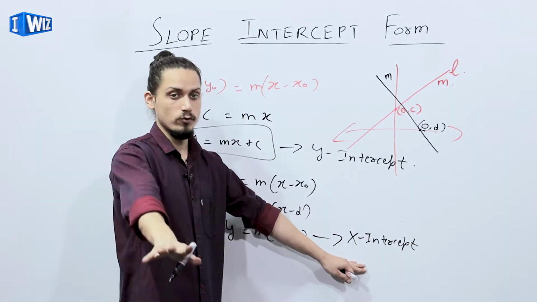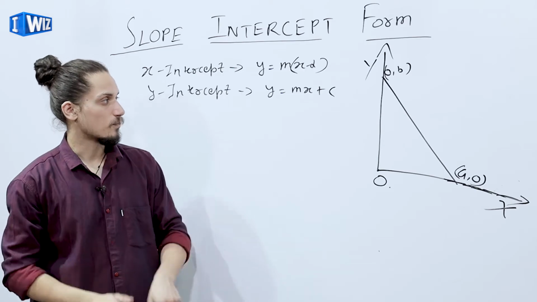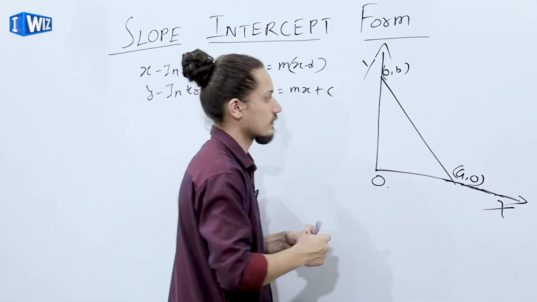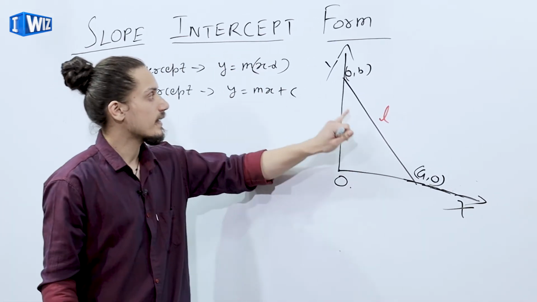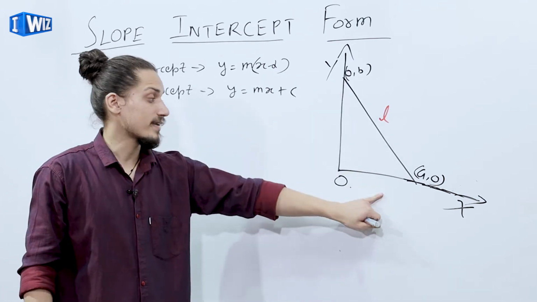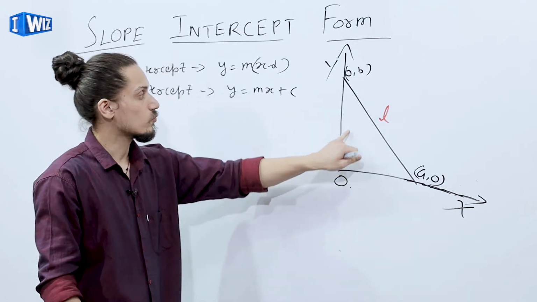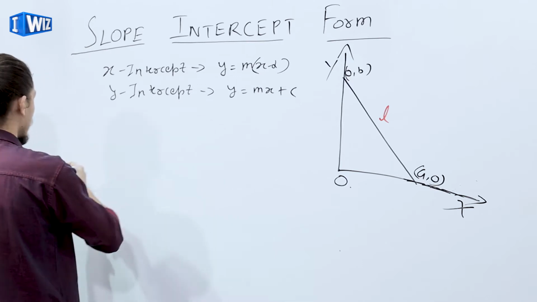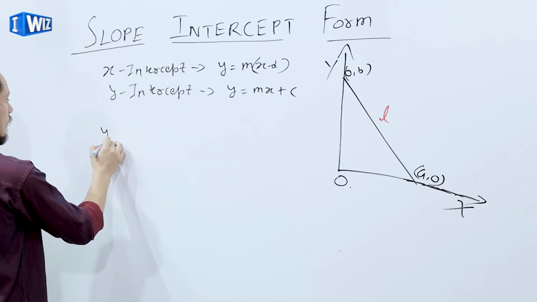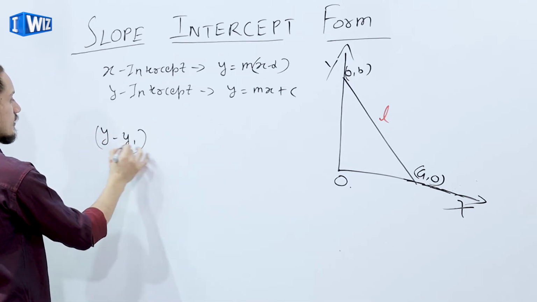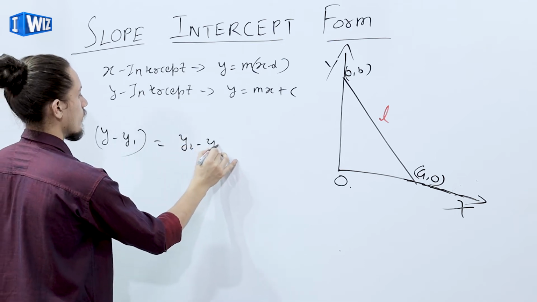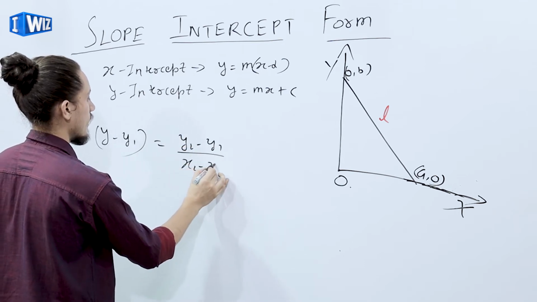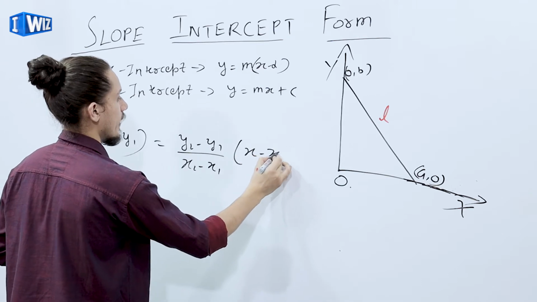Now let's see कि total intercept form क्या होती है. Now suppose there's a line L, it is intercepting y-axis at (0, b) and x-axis at (a, 0). So using 2-point form we can write y minus y1 is equal to y2 minus y1 over x2 minus x1 into x minus x1.